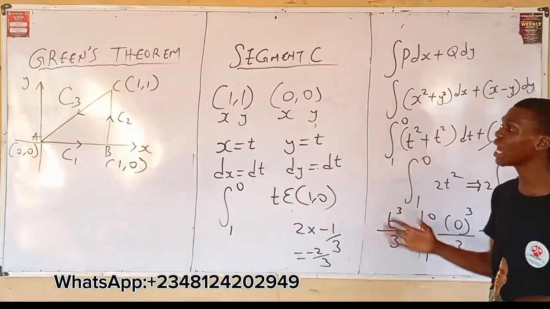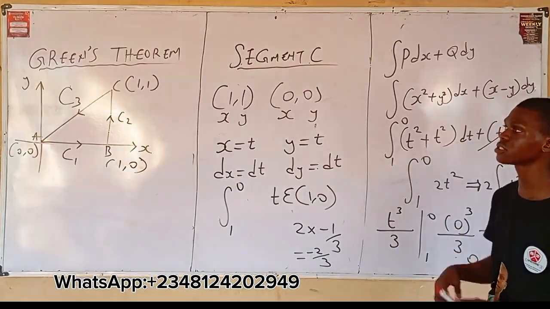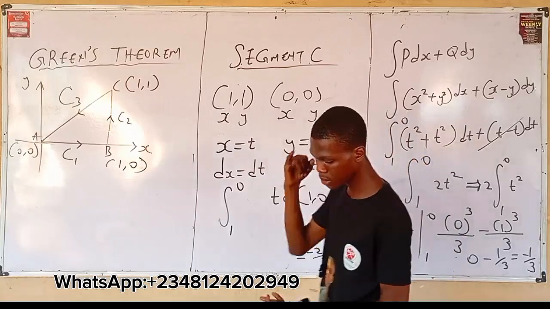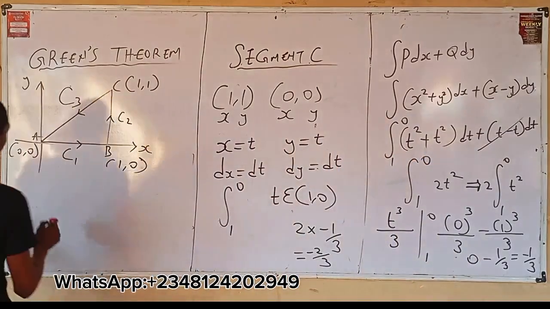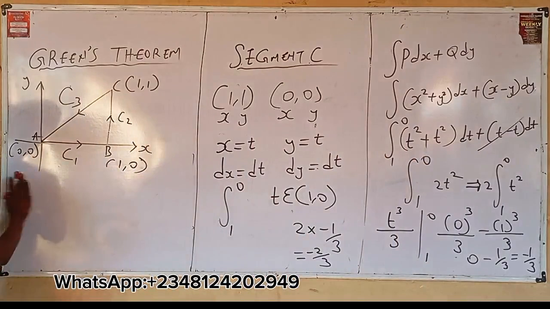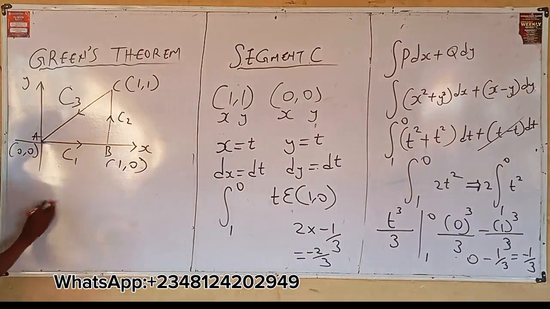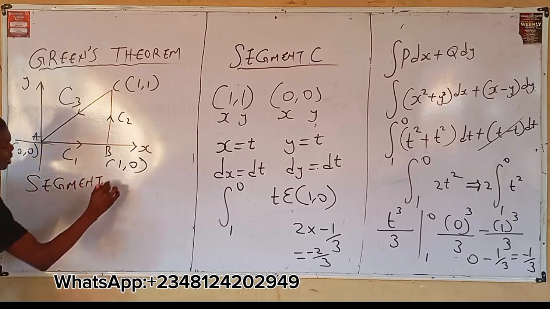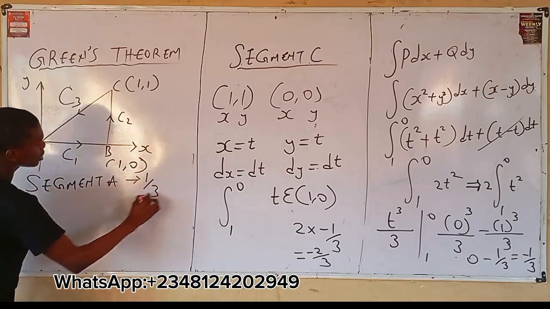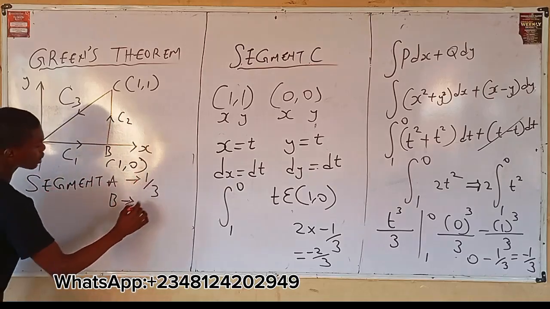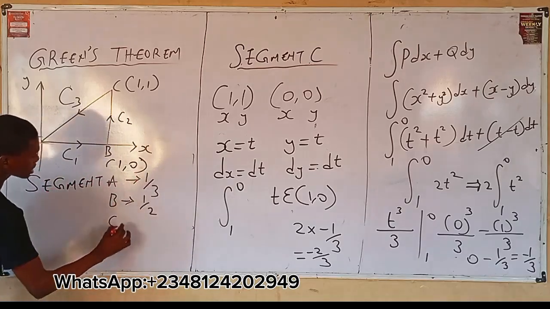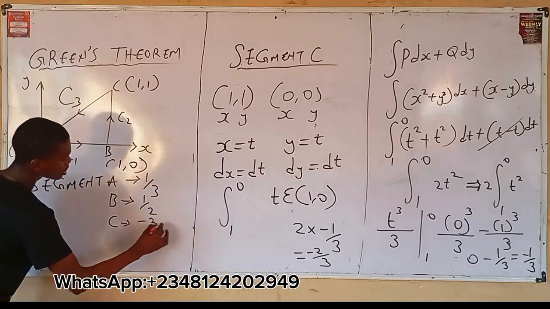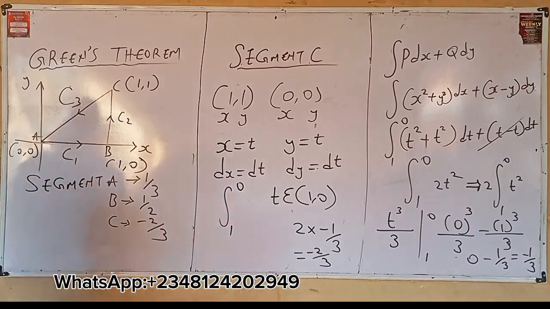The last step is to add up all the values that you've got, for segment A, segment B, and segment C. For segment A, I got 1 over 3. Segment B, I got 1 over 2. And segment C, I got negative 2 over 3.